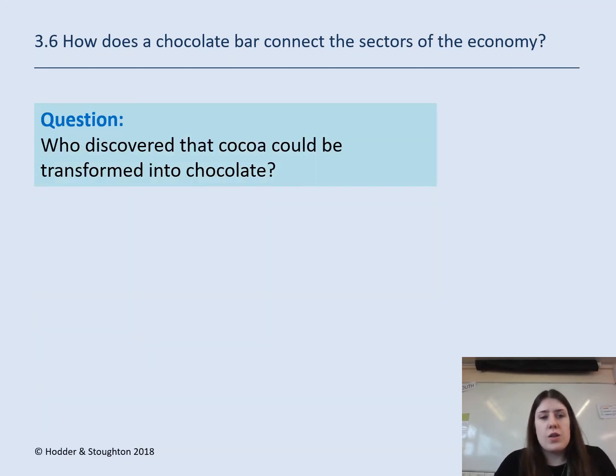There's a question which relates to the information on the previous slides. Pause here and answer the question. So who discovered that cocoa would be transformed into chocolate will be the Mayan Indians and the Aztecs. Next slide.